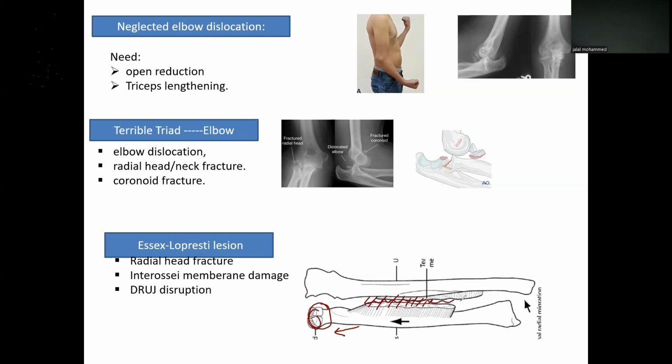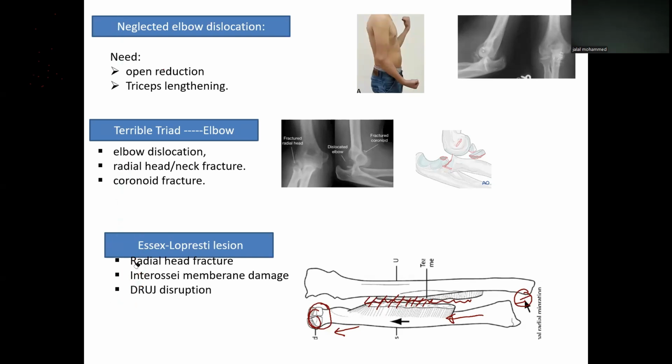So there is damage to the interosseous membrane. When there is damage, the whole radius will move up and the patient will have distal radioulnar joint disruption. So the combination of radial head fracture, interosseous membrane damage, and distal radioulnar joint disruption, we call it Essex Lopresti lesion.